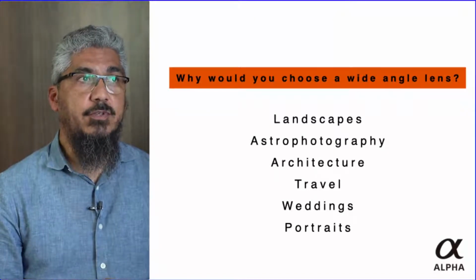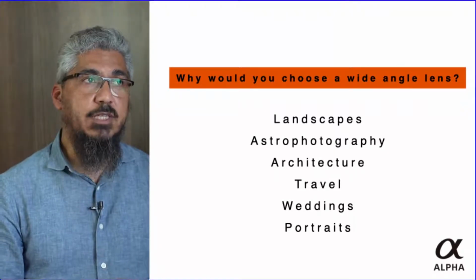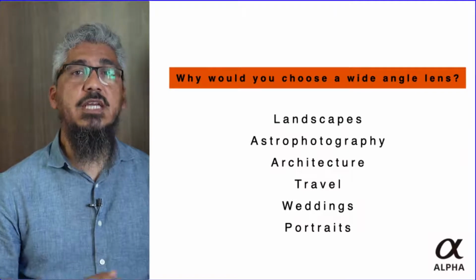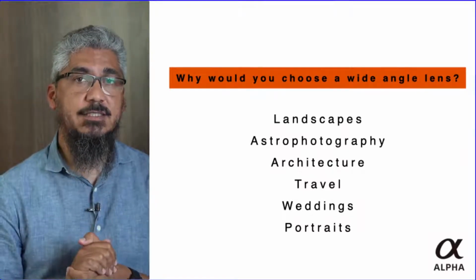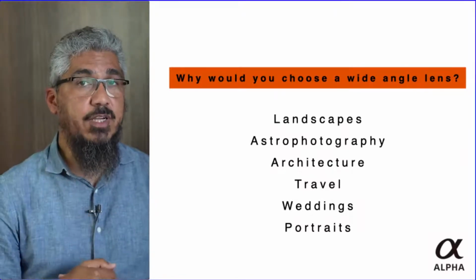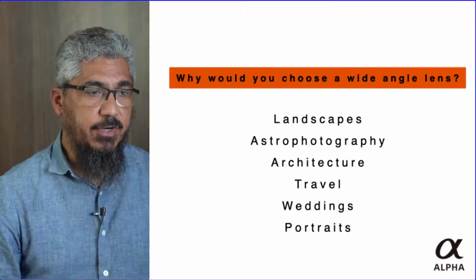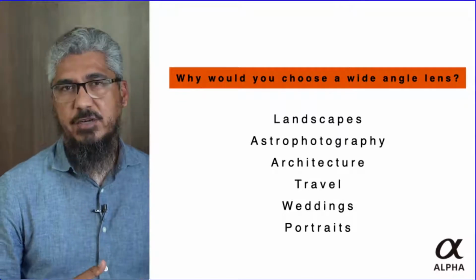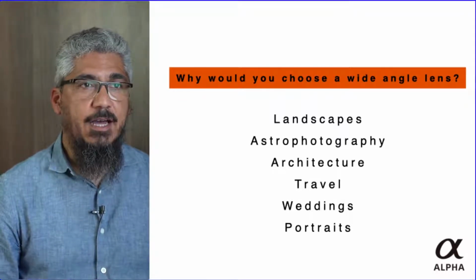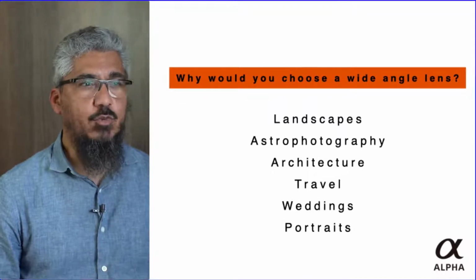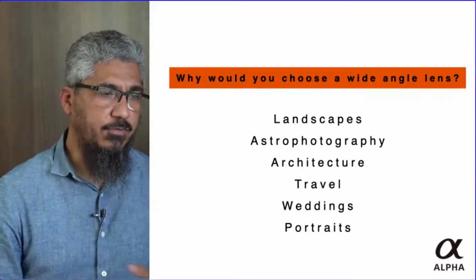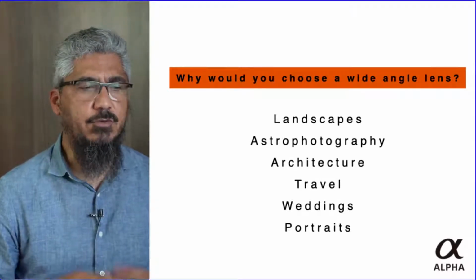If you are taking images of buildings, you need a nice wide angle lens to try and get most of the building in frame, or at least an interesting bit of the building in frame. And then travel photography, self-explanatory. You're going traveling, you want to do a bit of landscape, a bit of architecture, a bit of portraiture and all of that.